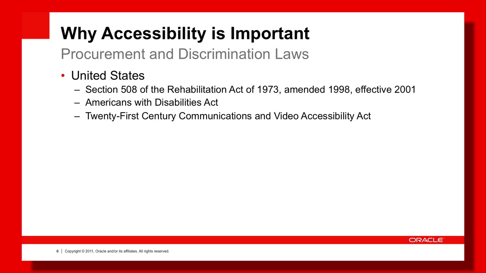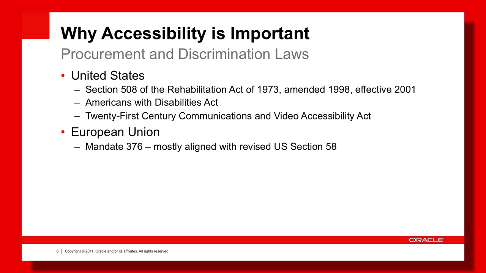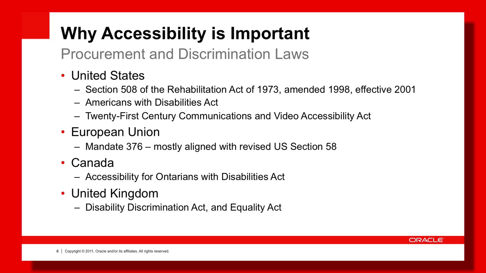So the United States, the European Union, Canada, United Kingdom, Australia, and so on and so forth, all tend to have legislation that addresses the needs of disabilities and says to you, not only as potentially a government department, but also a commercial organisation, a business as such, that you need to make your systems accessible.